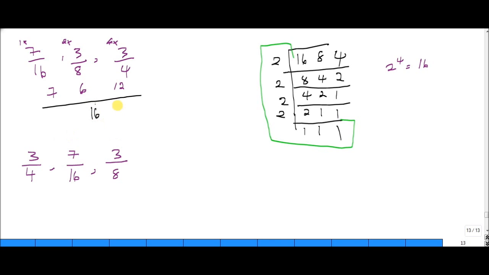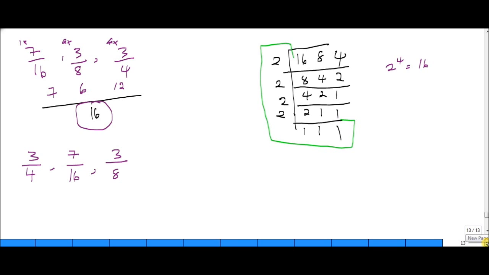So I hope you're getting here that the first step is to make sure they have a common denominator. Then when they are common, we have 7/16, 6/16, and 12/16. Then we use our numerators to order them.